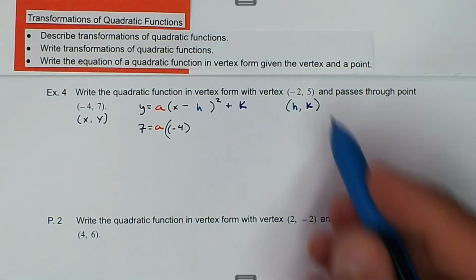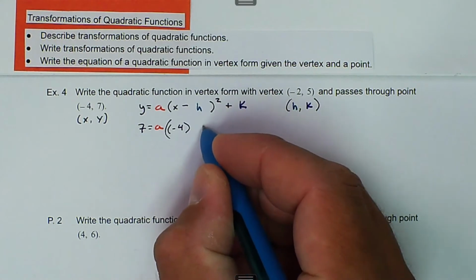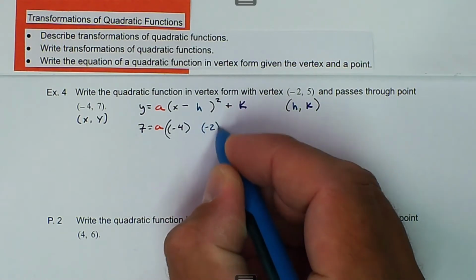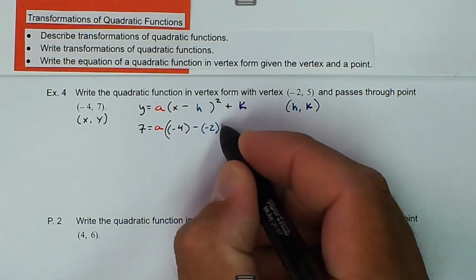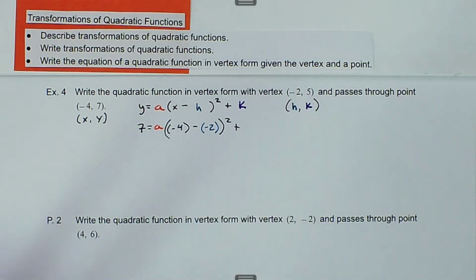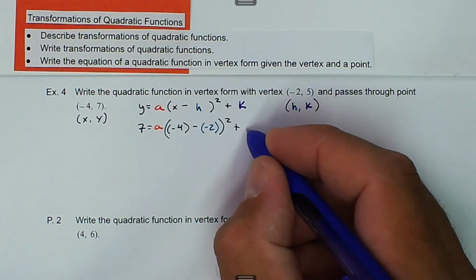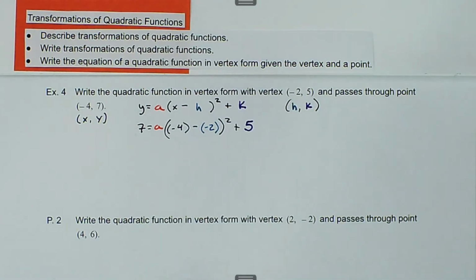We know that the h value is -2. Make sure we keep our negative sign there. And our k value is 5. So we can do some work to combine like terms and figure this out, and we should be able to solve to figure out what a is.